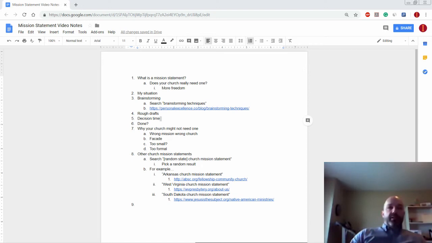So it can also be considered a definition for your church. What's your church about? Well, if somebody were to ask you that, instead of having to sit there and think about it, hopefully your mission statement, in most instances, would capture that in a short and sweet, memorable saying.